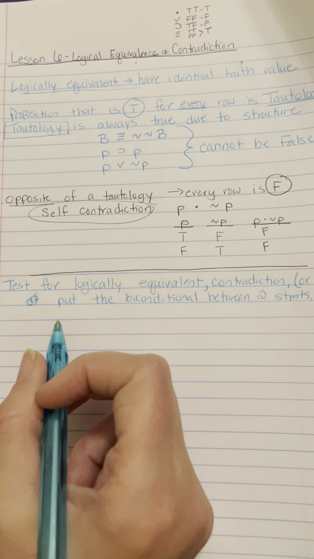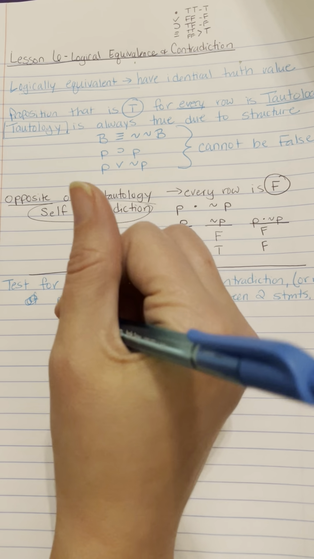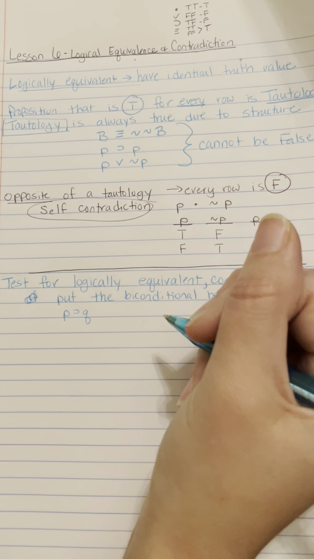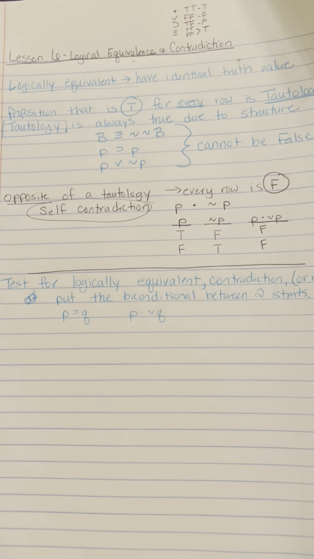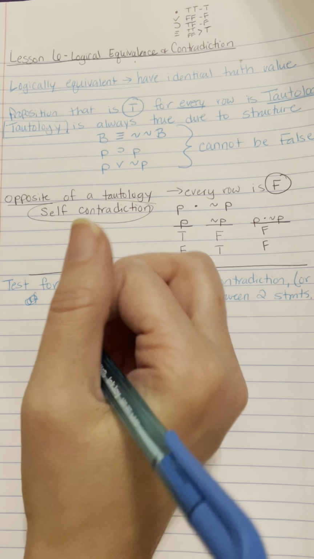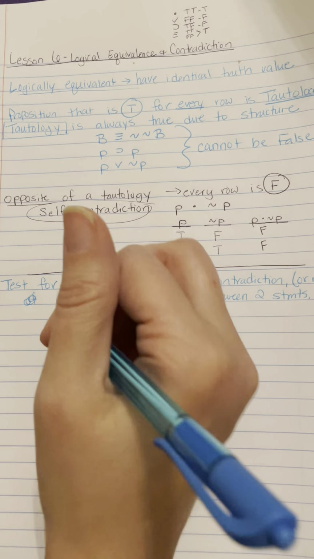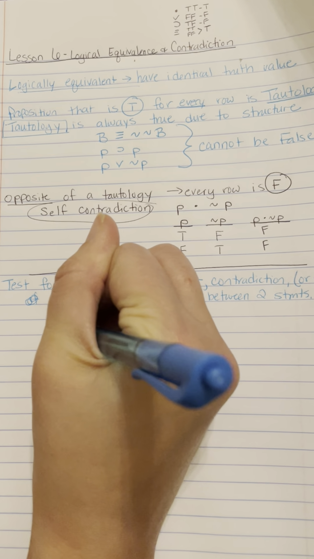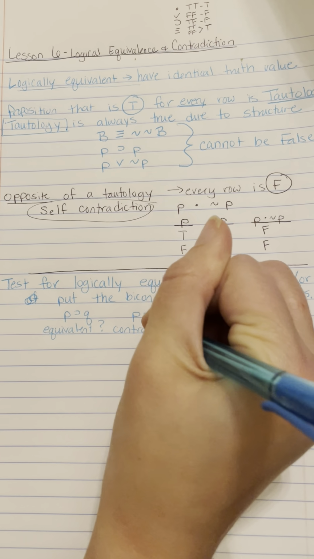Okay, so for an example, if we want to test if P then Q and P and not Q to see if they are equivalent, are they contradictory, or neither. So we want to find out, are they equivalent? Are they contradictory?